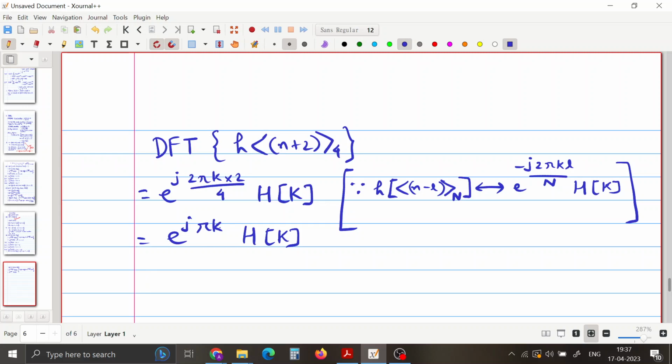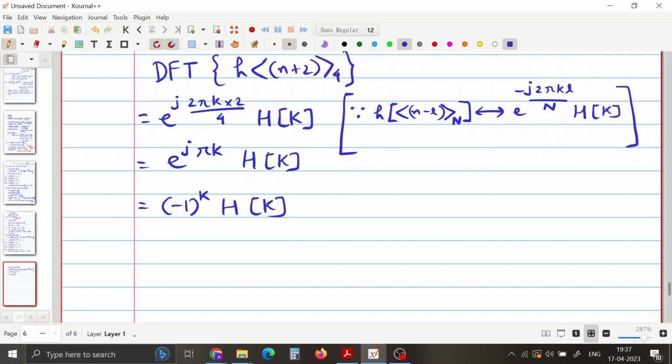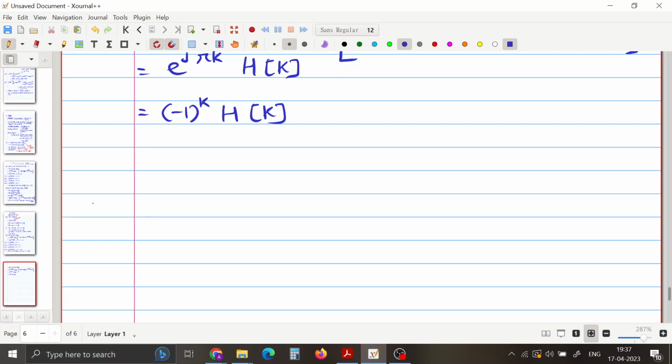We already have a k in the exponent, so it is minus 1 to the power k. And again k runs from 0 to cap N minus 1. Cap N is 4, so 0 to 3.